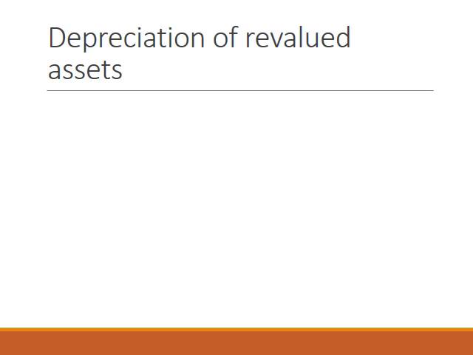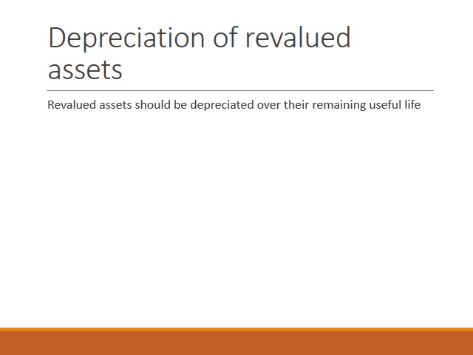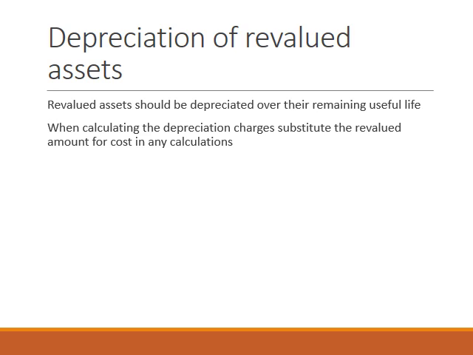So what do we do once we've revalued an item of property, plant and equipment? Well, we then have to start the process of depreciating that revalued asset. So it's going to be depreciated over the asset's remaining useful life. So this is simply the normal process we'd go through. I suppose the one difference is that when we calculate the depreciation charges, we don't use the original cost in our calculations, we use the revalued amount or fair value.